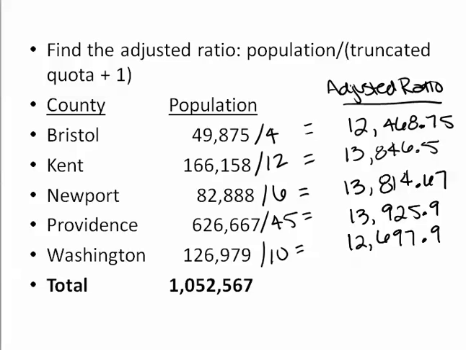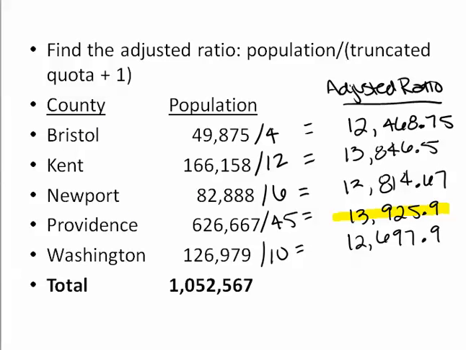Now, what we need to determine is who deserves the extra representatives. And remember, we actually have 3 extra representatives because we had 72 seats, but there are 75 that we need. So we're going to start by giving them to the group with the largest adjusted ratio.